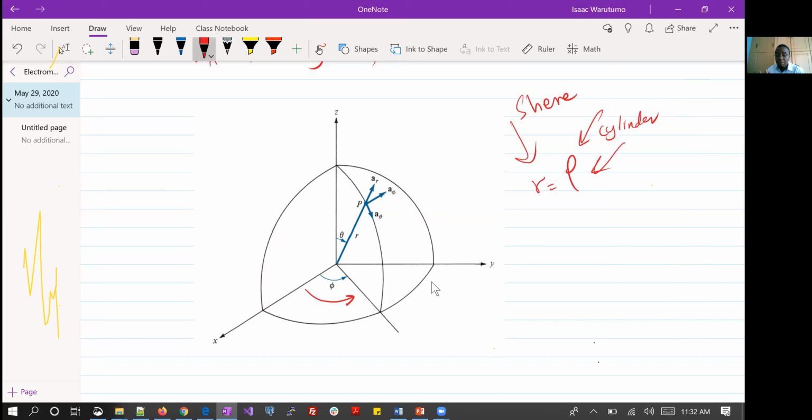The same expression, phi. Phi is describing the angle when you move from x towards y. And so that is phi. They might be similar, except there's an important difference. Cylinder, spherical. Except that in sphere, this becomes the third dimension, but in cylinder, this is the second dimension. That is the only difference.